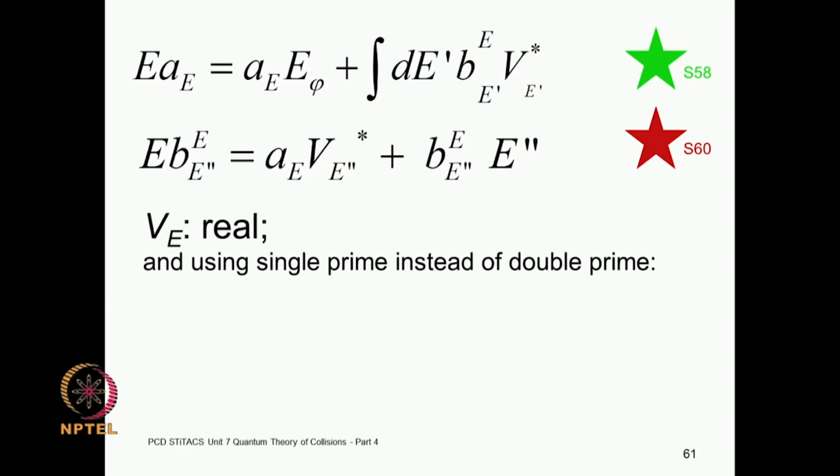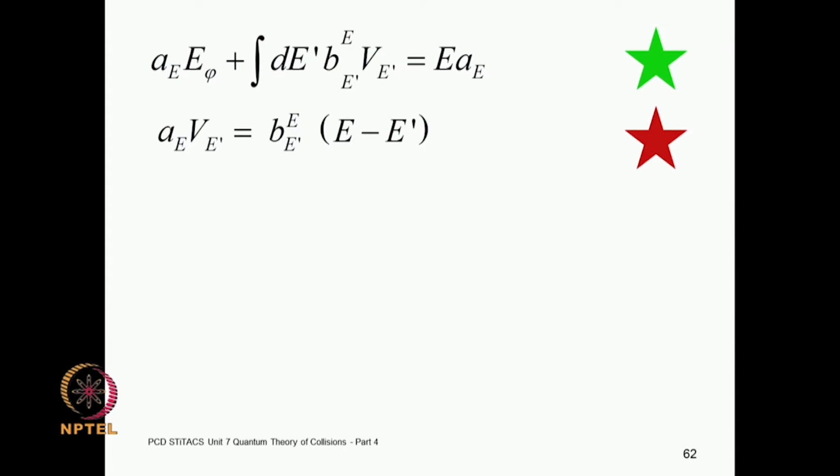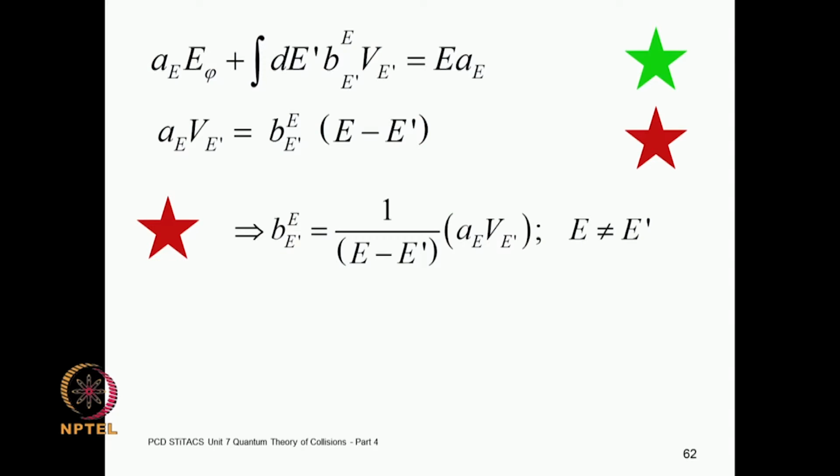Okay. Now, V is real, and here we have used 2 primes. So, there is no need to use 2 primes, we will use only 1 prime. So, I will rewrite them without the double prime and writing them as real numbers. Okay. So, what do we get from this relation red star?